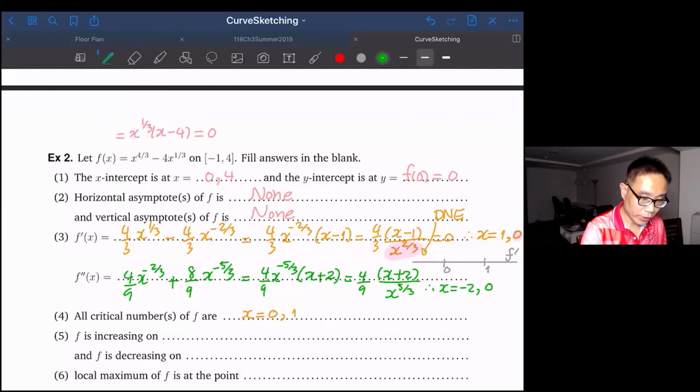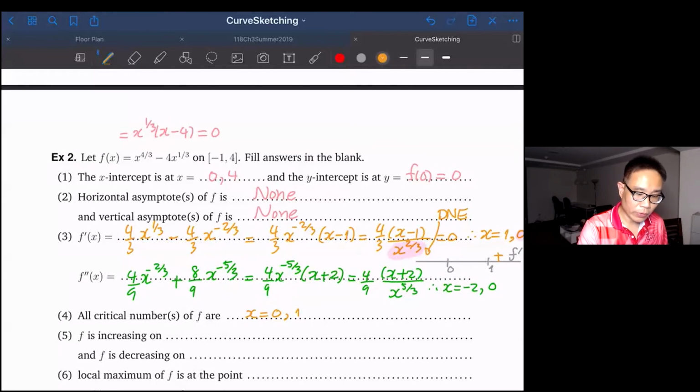So in this case, the sign of f prime is gonna be positive in this interval, and for x equal to 1/2, it's gonna be negative, and it's gonna be negative for this interval also because the bottom is positive.